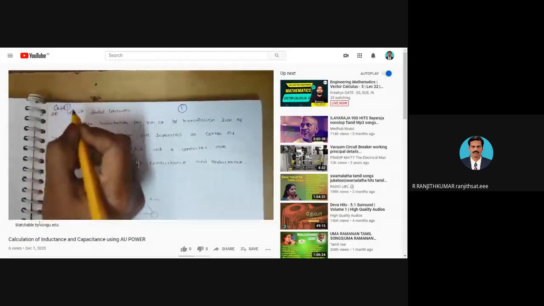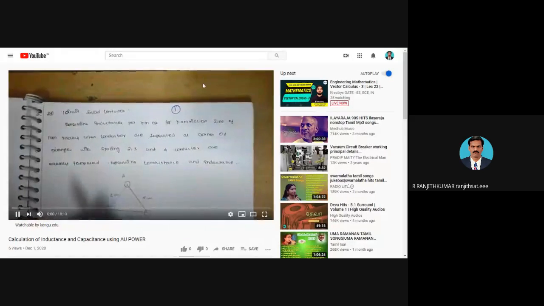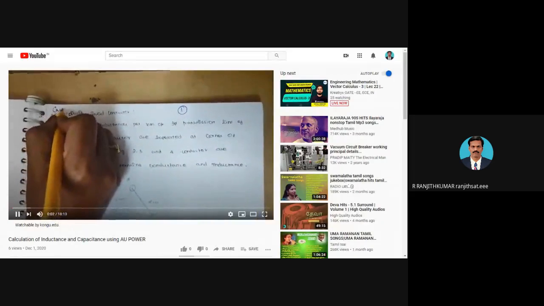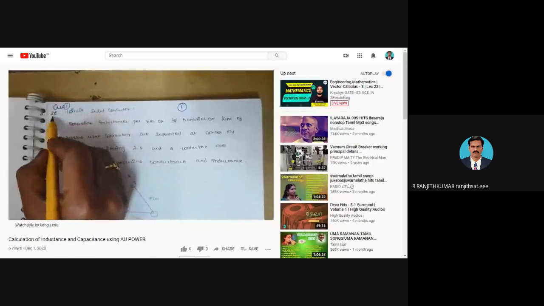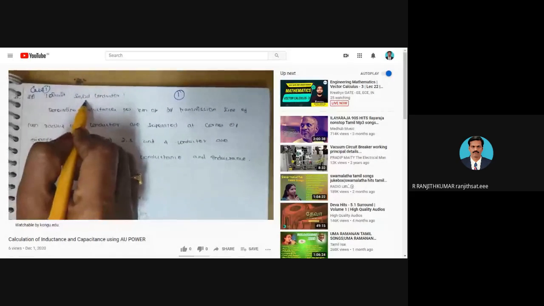This is our case 1, three phase single circuit solid conductor.